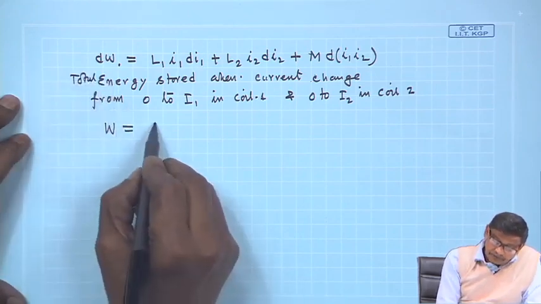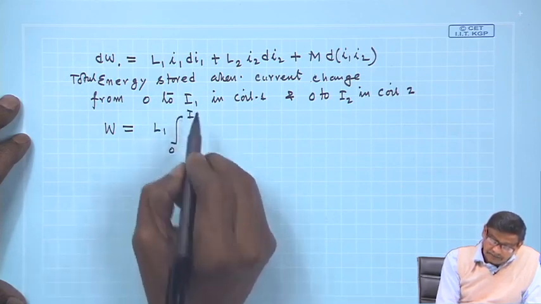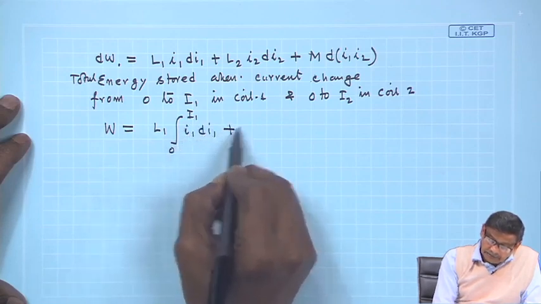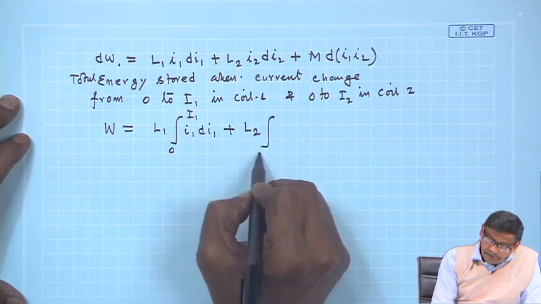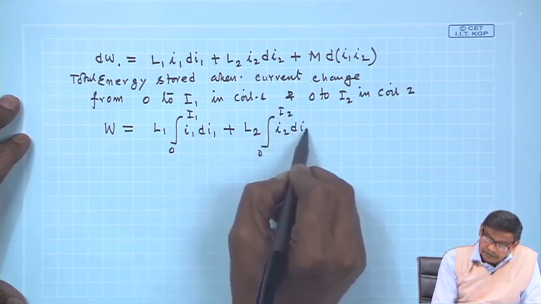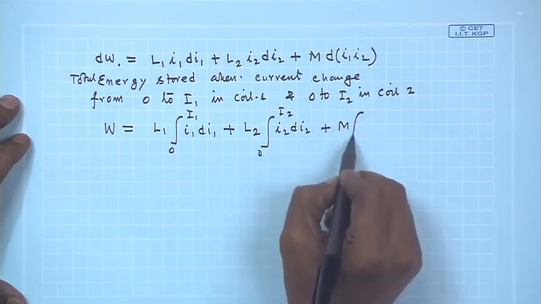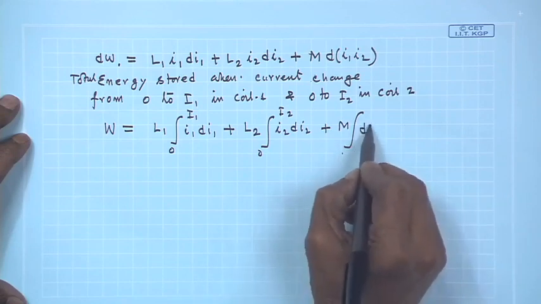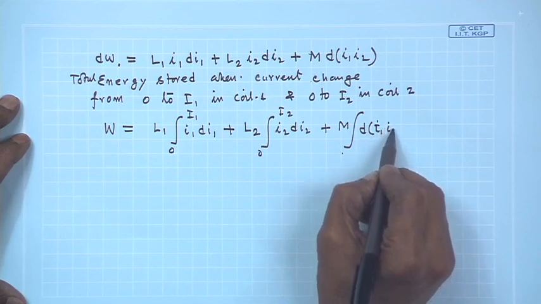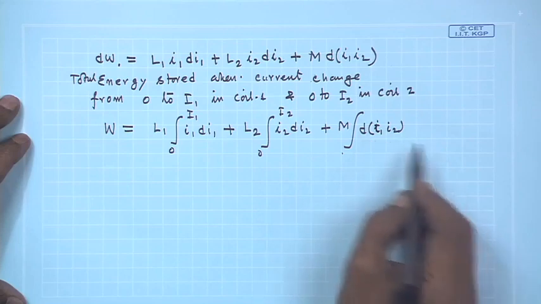will be equal to L1, this is 0 to I1, i1 di1, plus L2, 0 to I2, i2 di2, and plus M d of (i1 i2). And what should be the limits?